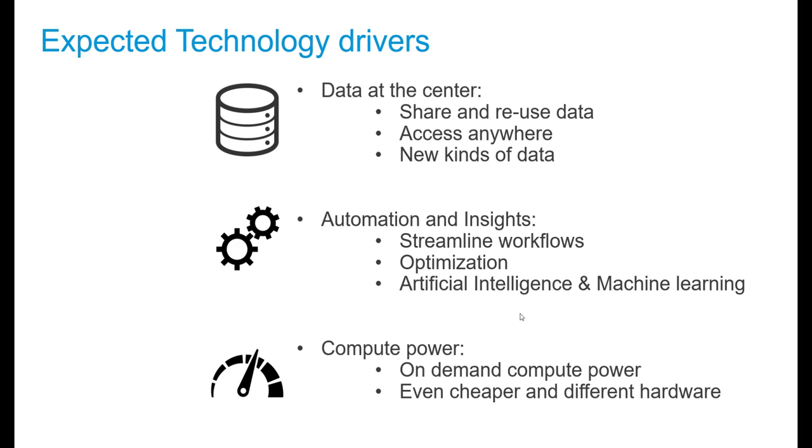I already touched upon compute power. We expect a lot more raw compute power to be available, and also the interaction with compute power to be different. So, for instance, my daughter right now is going to school, like I said, and she's using a Chromebook, and the expectation is that whatever you do on a Chromebook is going to work exactly the same way as on your high powered desktop computer or even your powerful laptop.